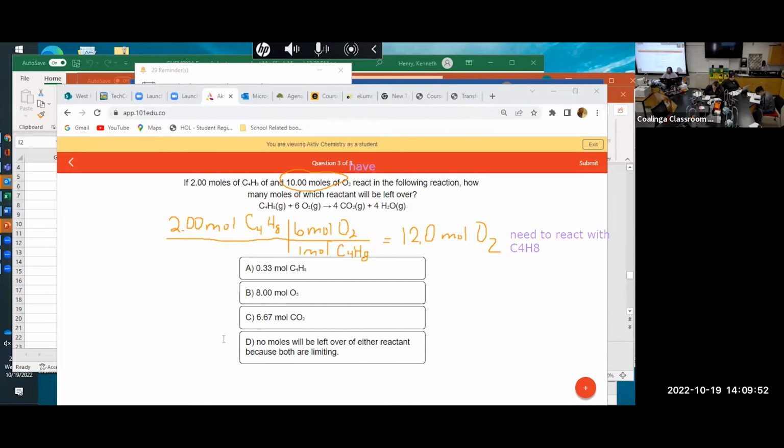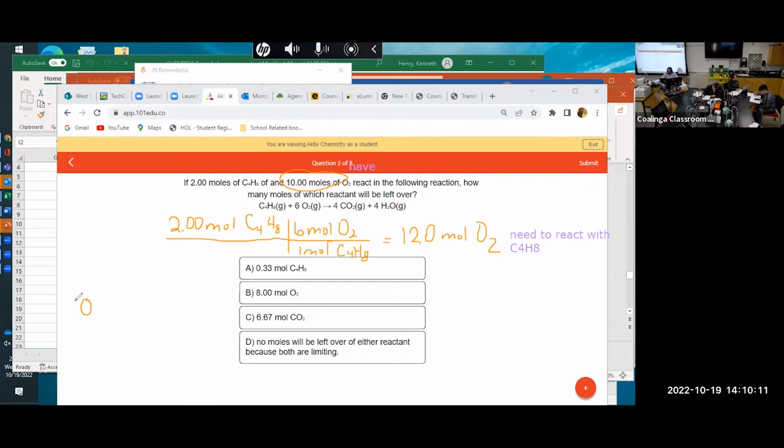But the question is how many moles of the reactant would be left over? That's the hard part. We need to figure out how much is going to be left over.